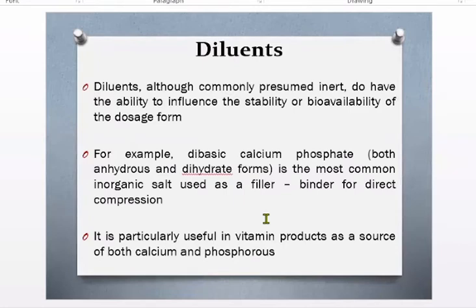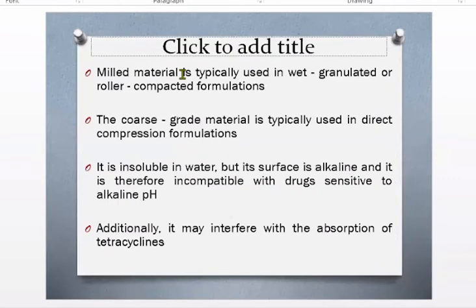We see that this is particularly useful in vitamin products as a source of both calcium and phosphorus. But milled material is typically used in wet granulation. Then the coarse grade can be used in direct compression.